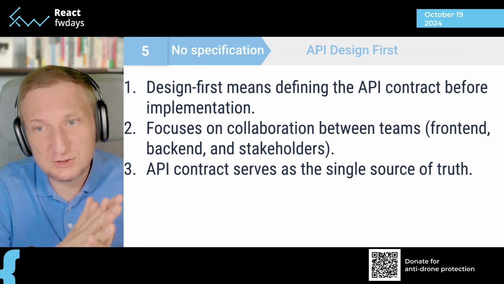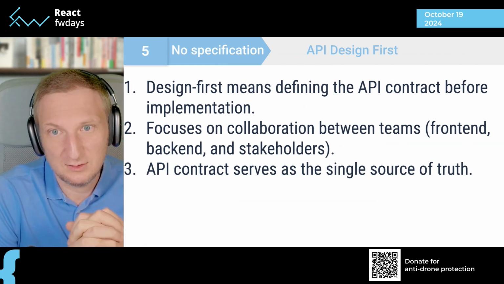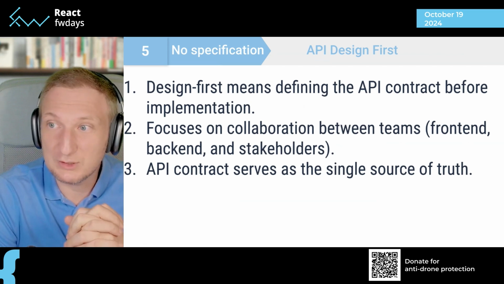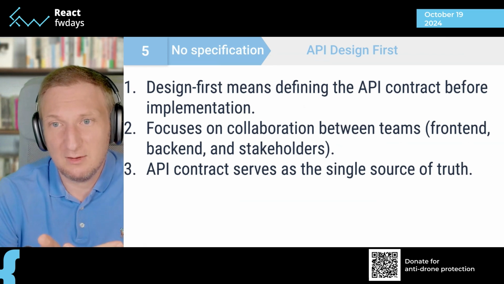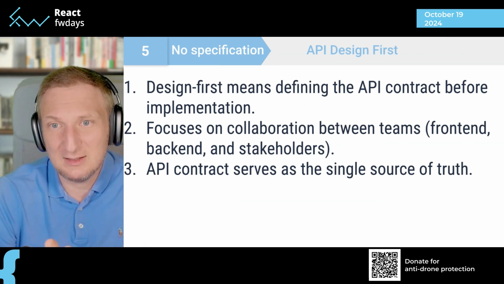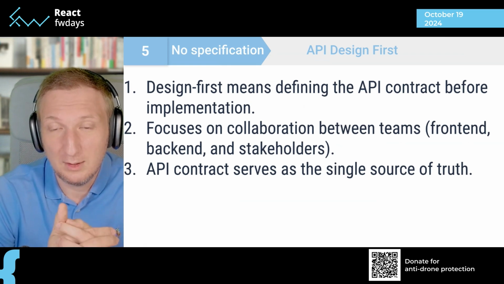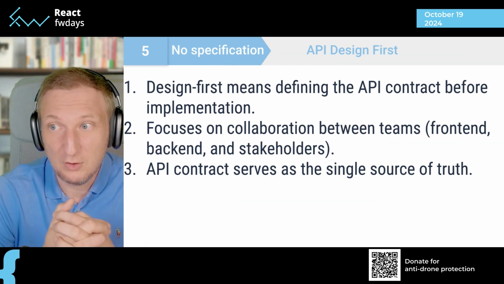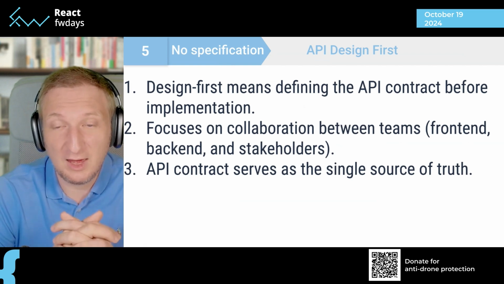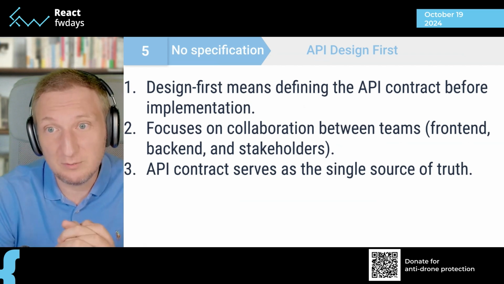And what this principle says is that we need to talk about the API before implementation. It's a simple idea. We talk about the design of our user interface before implementing it. We see this in Figma, but for the API we do integration and confirmation that we have all required endpoints after it's already implemented.